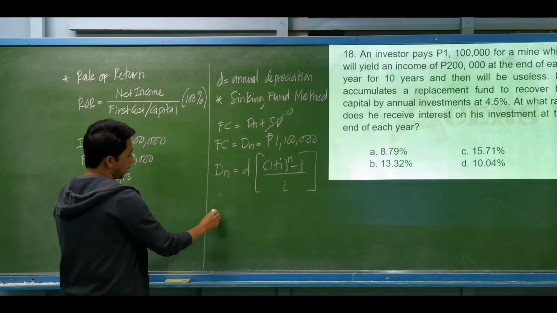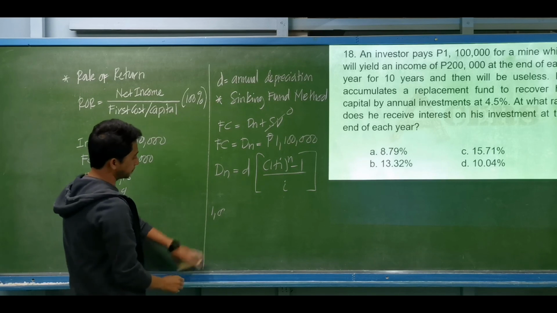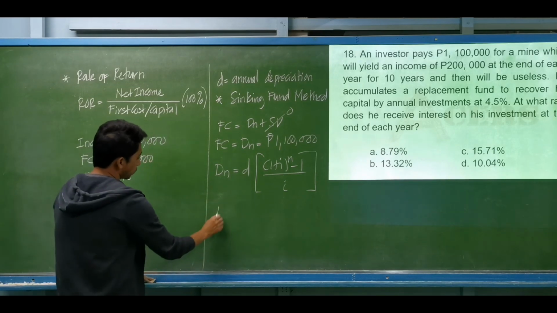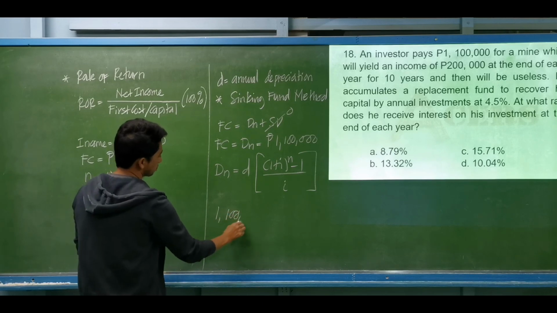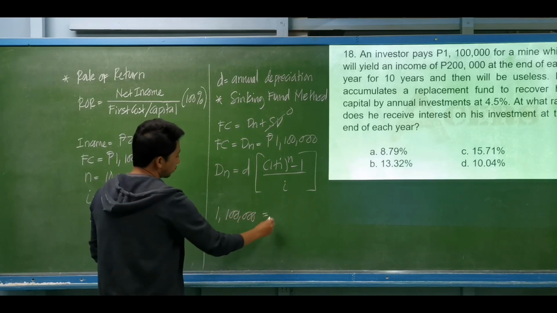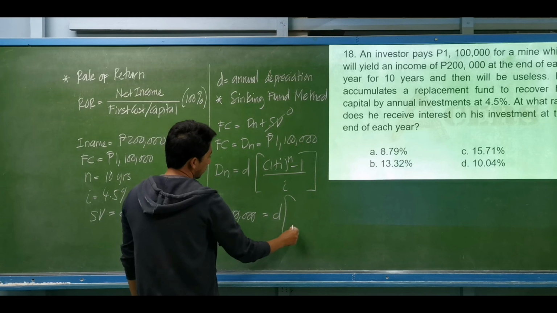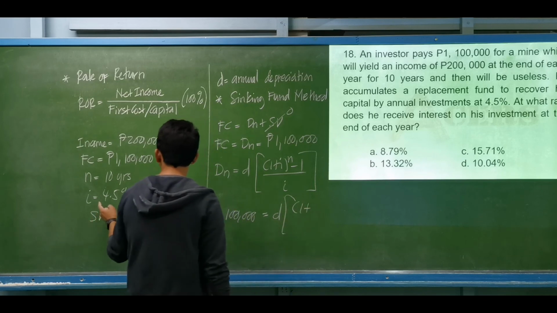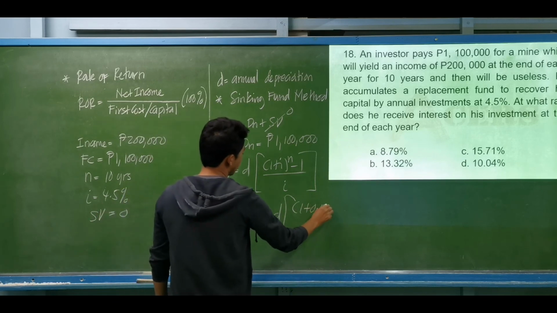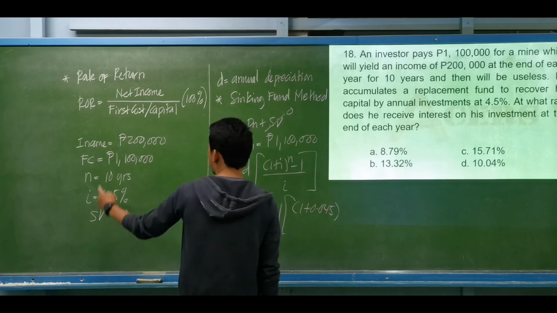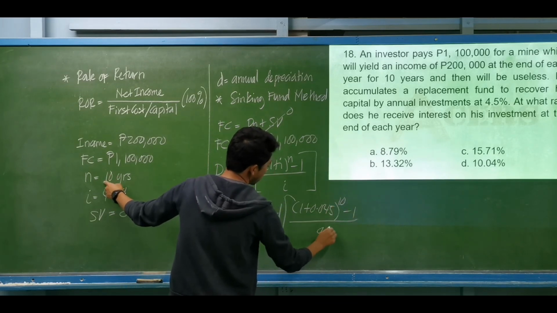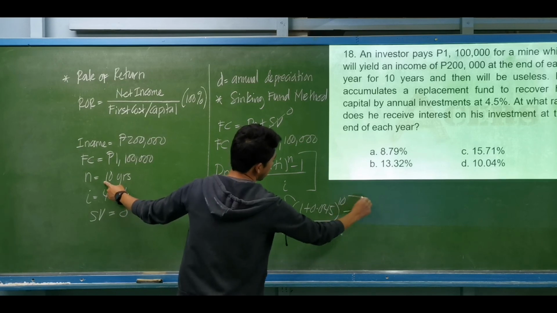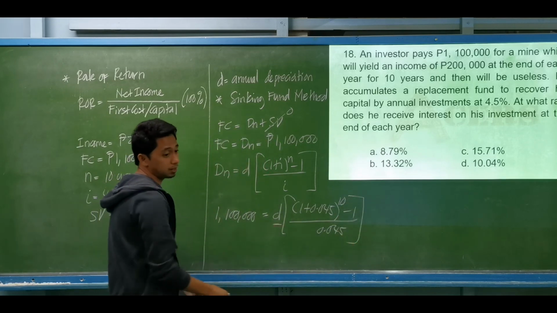So 1,100,000 equals the annual depreciation cost multiplied by (1 plus the given rate, 0.045) raised to 10 years, minus 1, divided by 0.045. Let's compute for that value.